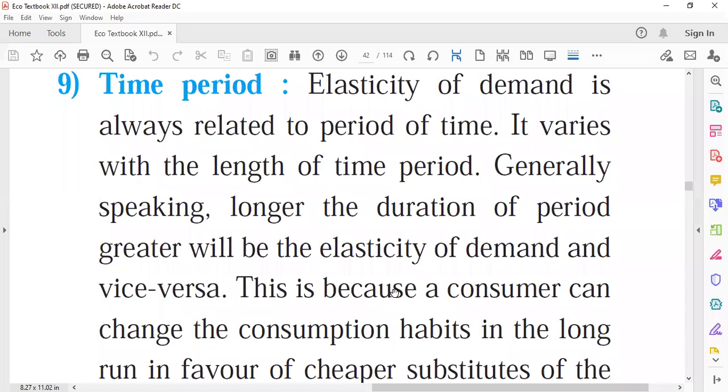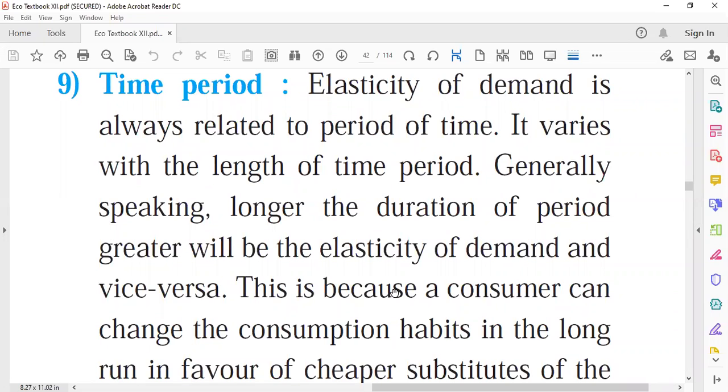During this time span, there is a possibility that the habits, taste, preferences of the consumer will change. Technology will change. So therefore, in a longer time span, the demand for the commodity will become elastic.